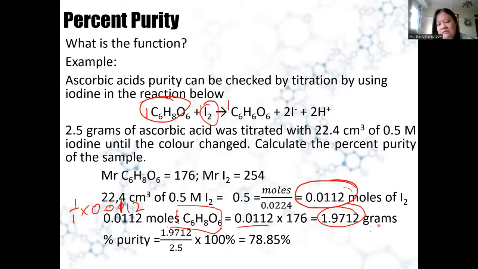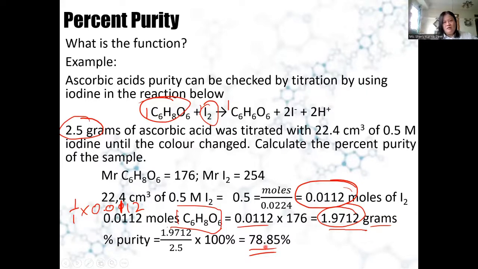After we get the grams, we divide by 2.5 gram, which is the original amount. This is the actual amount that reacted, the pure ascorbic acid. The rest is not pure because not all of it reacts with iodine; other substances cannot react during this reaction. So we divide and multiply by 100% because it's percent purity, and you get the result here.